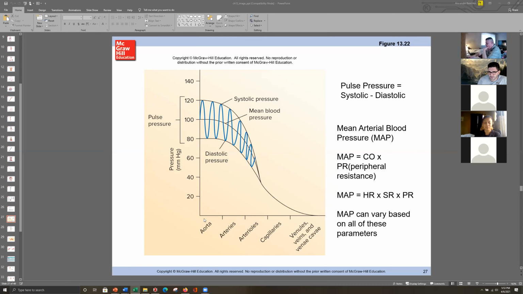So what we notice along the x-axis here is we've got our different vessels where we've measured the pulse pressure in each of these vessels. So it makes sense that we have the greatest pulse pressure in the aorta. And then as we get farther away from the heart, the source of that pressure, the pressure drops, right?